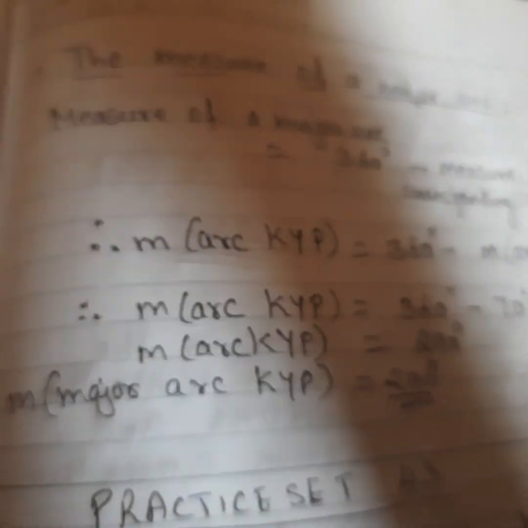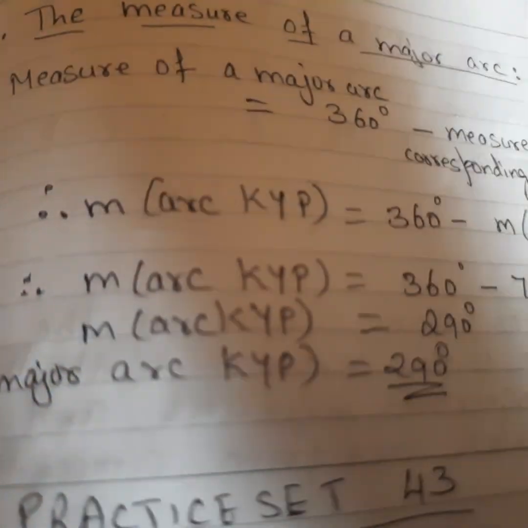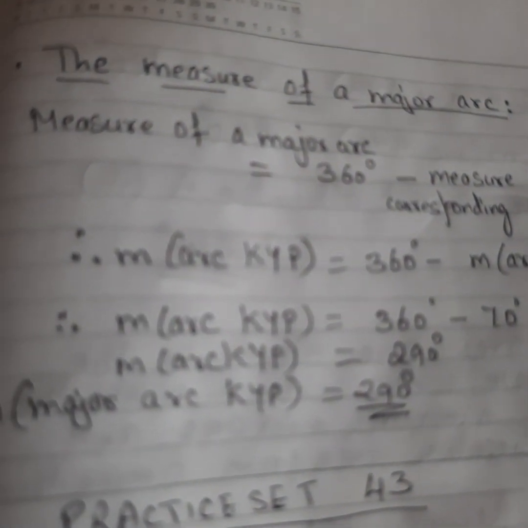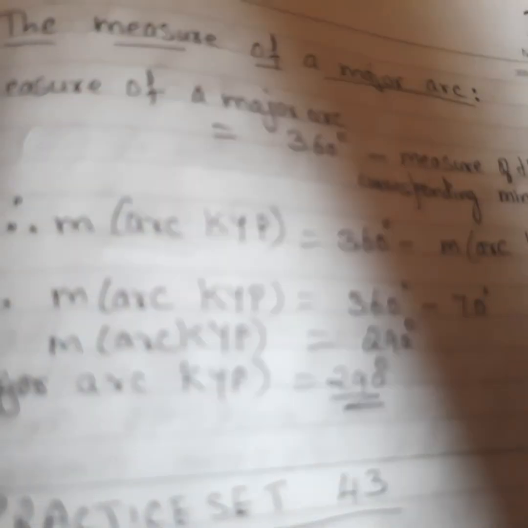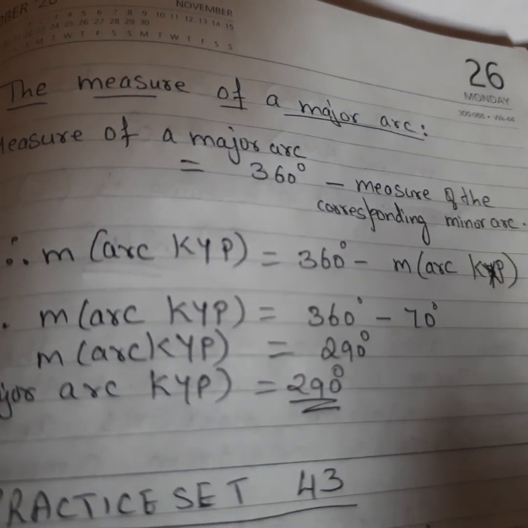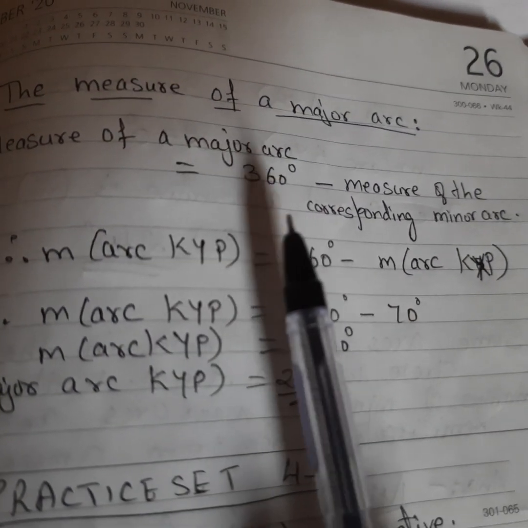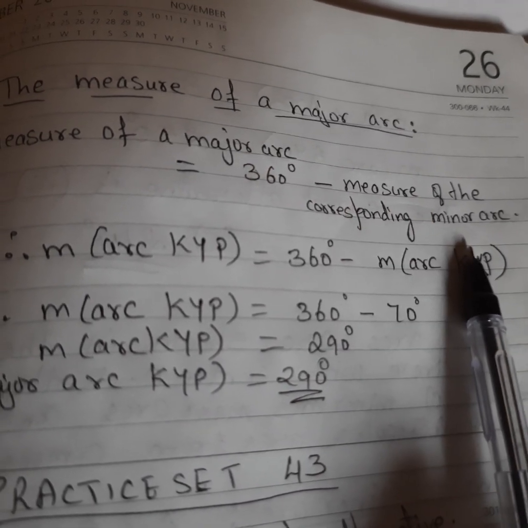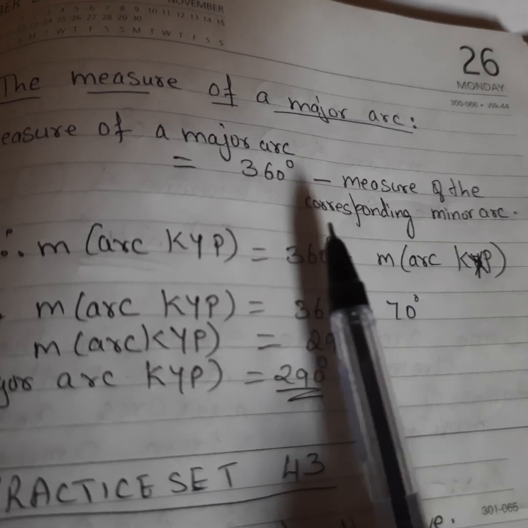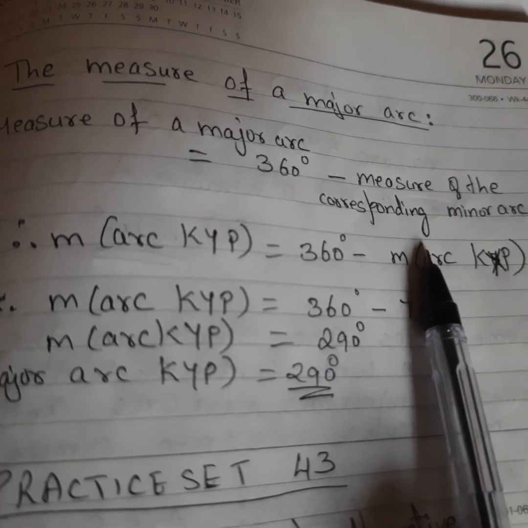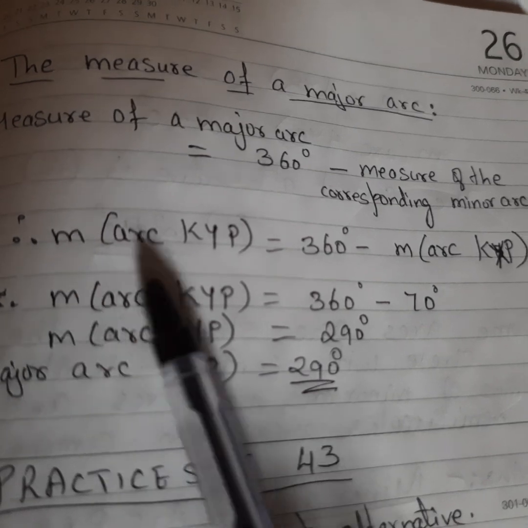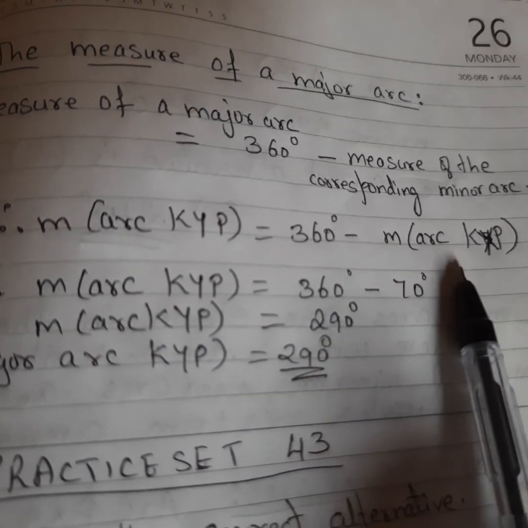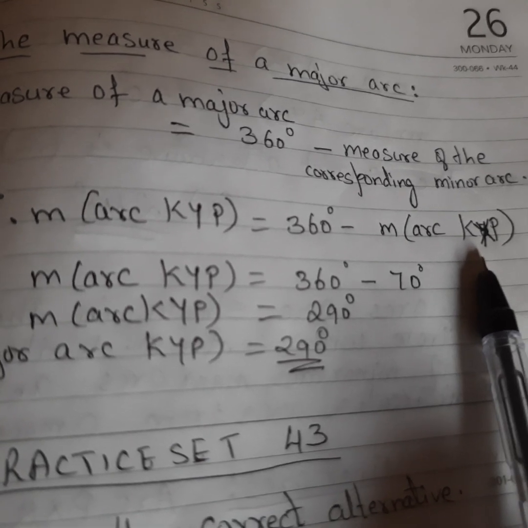So the measure of a major arc, children, is equal to 360 degree minus the measure of the corresponding minor arc. I told you what is the corresponding. That means both the arcs together make that complete circle. So therefore measure of major arc KYP is equal to 360 minus measure of arc KXP.